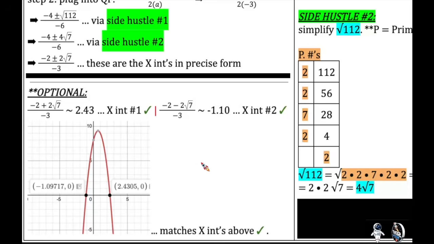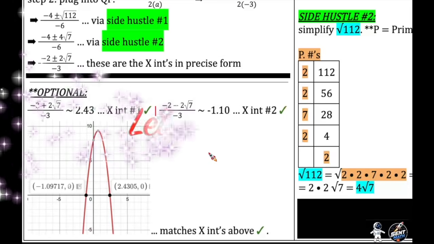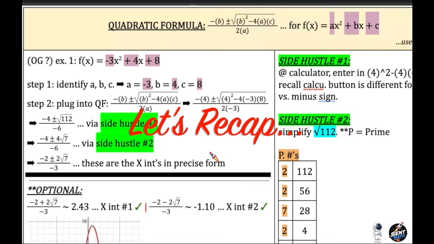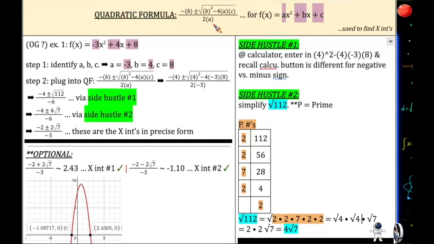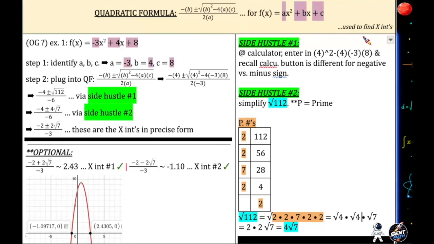Let's do a quick recap. Okay, so basically, we use the quadratic formula, which is right over here, to find the x-intercepts of quadratic functions. The specific quadratic function that we're using today is this right here.